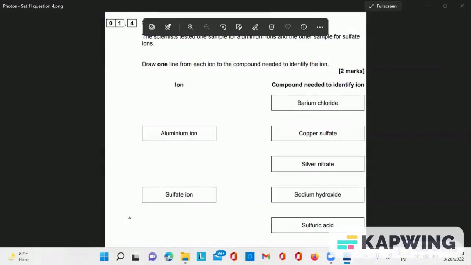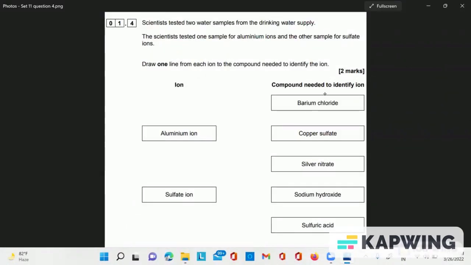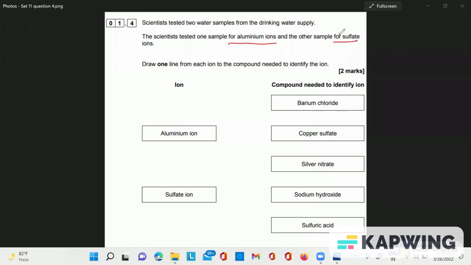Here, the question is about scientists testing two water samples from the drinking water supply. The scientists tested one sample for aluminum ions and the other sample for sulfate ions. We have to draw one line from each ion to the compound needed to identify the ion. The ions given are aluminum ion and sulfate ion.